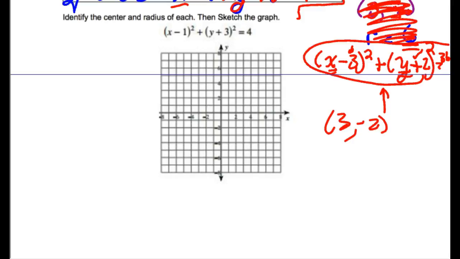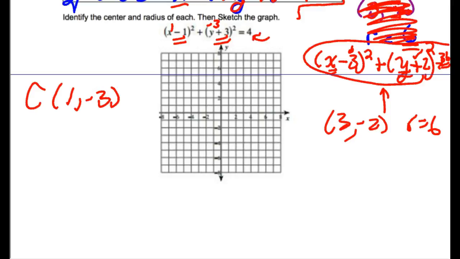So my center's 3, negative 2, and I'd say, hey, what got squared to equal that? And you'd say 6. And so it's easy. Let's go up here. Let's pluck off our center. What's being subtracted? 1. What's being subtracted must have been a negative 3, or you can think of what makes each chunk 0. That works as well. And then this 4 is equal to r squared, which means r had to have been a 2.